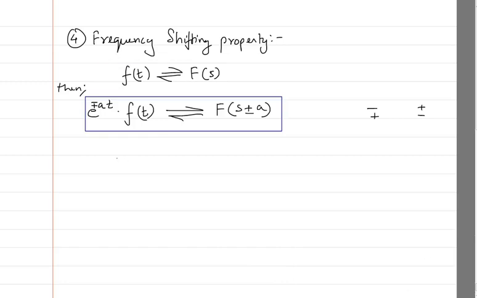So now let us look at some of the examples. Okay, so suppose there is an example. Let's write, find the Laplace transform of e raised to power minus 3t, t raised to power 4.